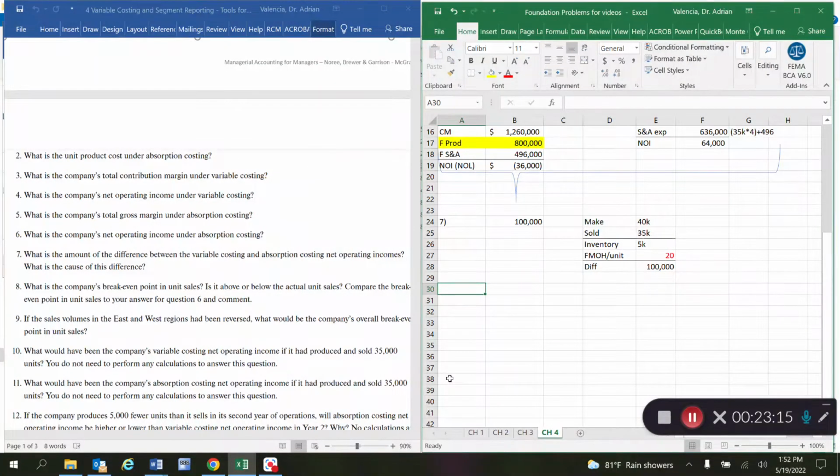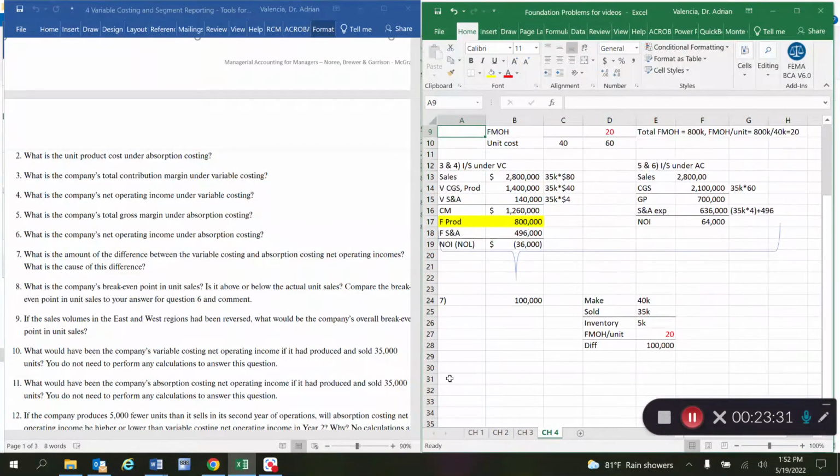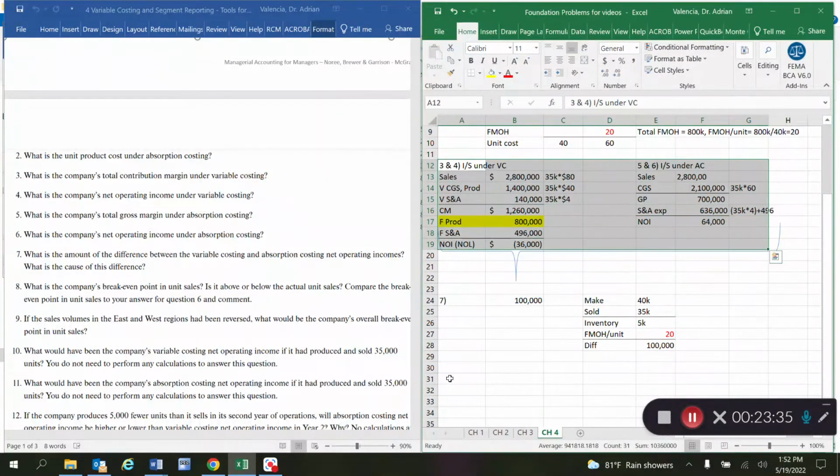And maybe I shouldn't say it that way. Let me restate that. The break-even point is going to tell you how many units you need to produce and sell during that period in order to generate zero profitability, right? It'll work under both variable costing and it'll work also under absorption costing, assuming that for absorption costing you produce and you sell the same things.